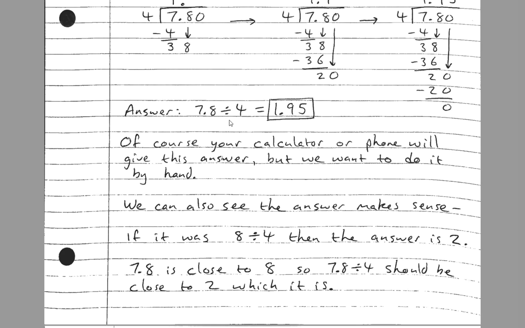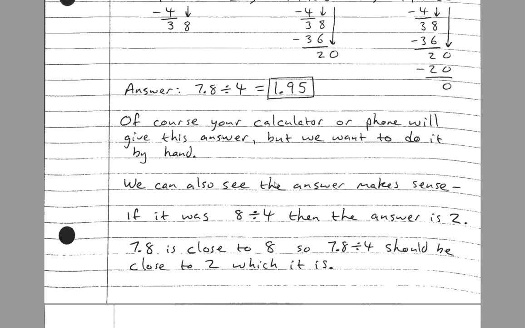And if it was 8 divided by 4, the answer would be 2. So this number does make sense. It's 7.8, just slightly less than 8, so the answer should be slightly less than 2. If we had 19.5, then that would definitely be wrong.